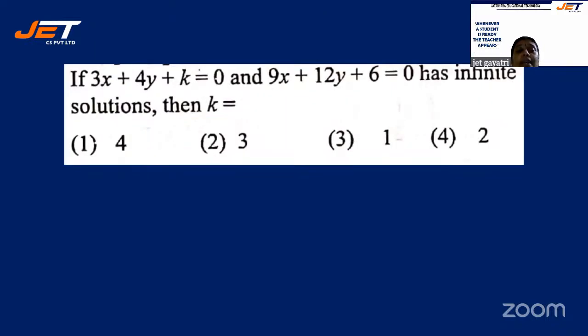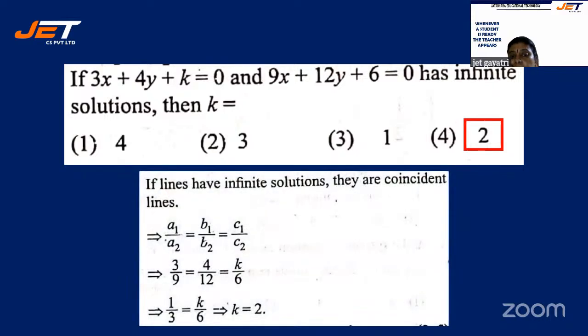If 3x plus 4y plus k is equal to 0 and 9x plus 12y plus 6 is equal to 0 have infinite solutions, then what is the value of k? All right. So it's a very simple question. In fact, what do we say in this? It has infinite solutions.